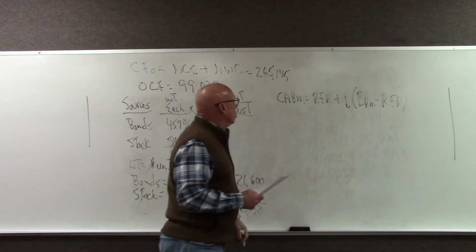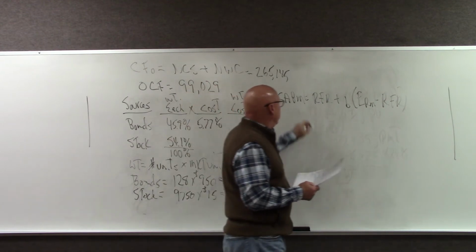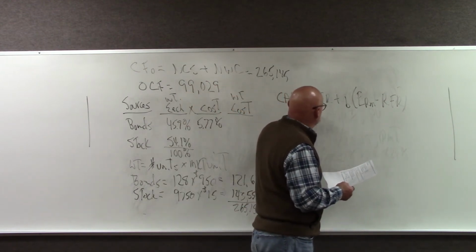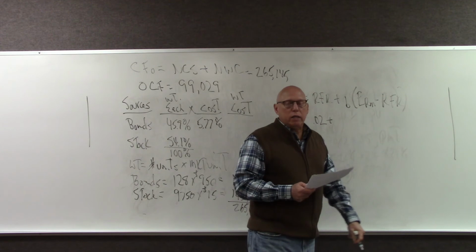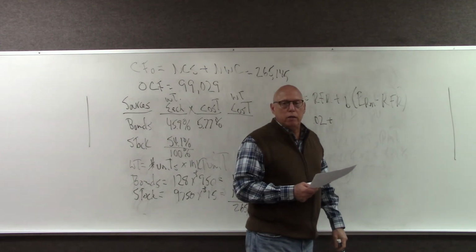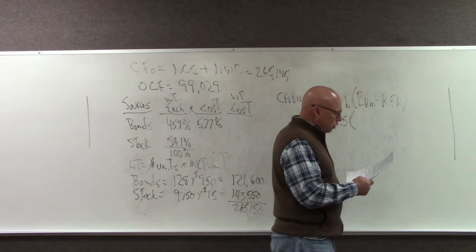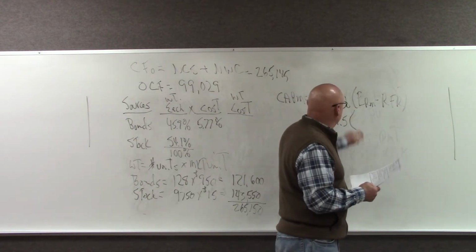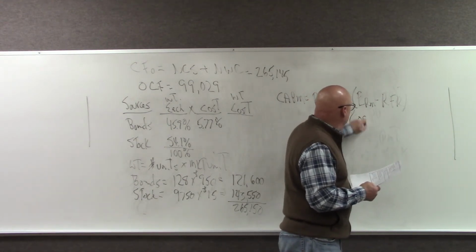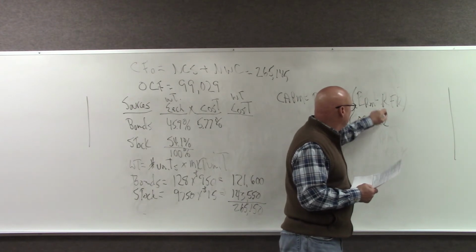Okay? So the risk-free rate in our problem here is 2%, 0.02. The stock is 50% more volatile than the market. The beta is 1.5. The expected return for the market is 9%, 0.09 minus 0.02.